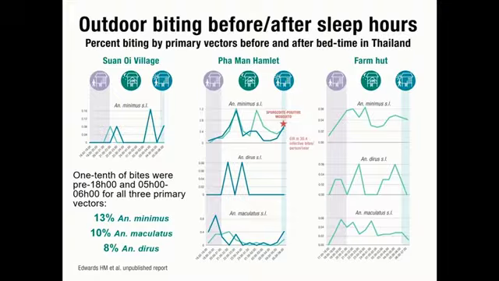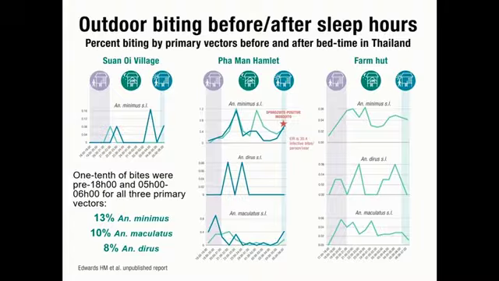But for people moving through the forest from site to site, foraging for mushrooms or honey or looking for certain trees or whatever they are doing, you could imagine that a much larger proportion of bites might occur during the day, making interventions like ivermectin and topical repellents more relevant. You can also see that while in the village they had only minimus, both in the hamlet and the farm hut they had other species.